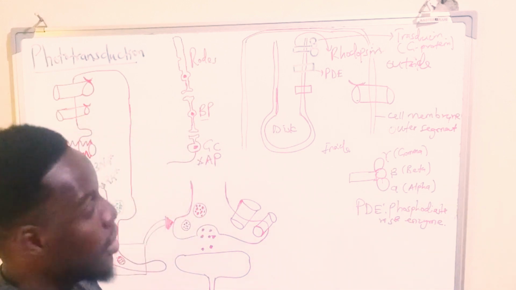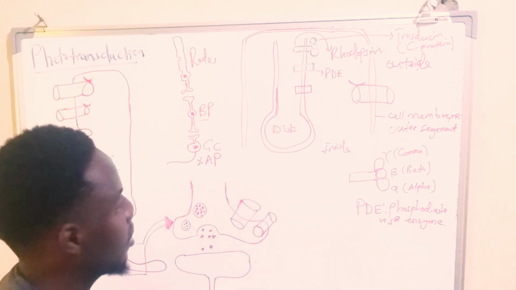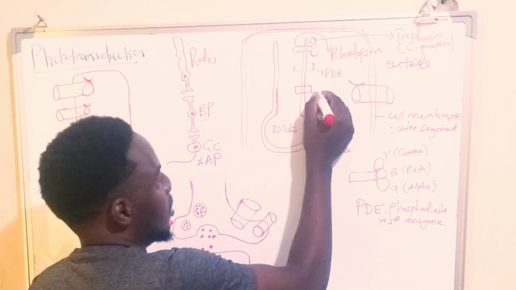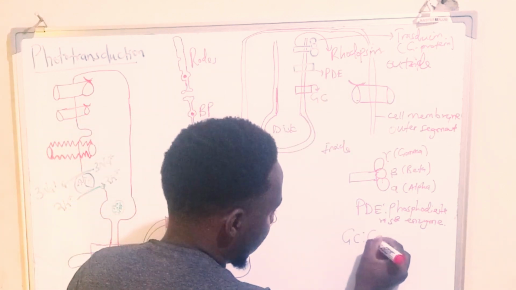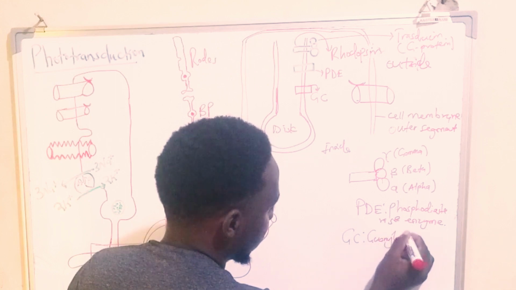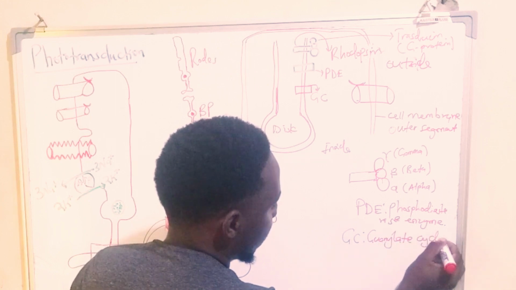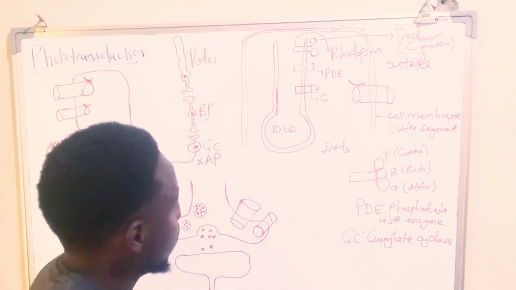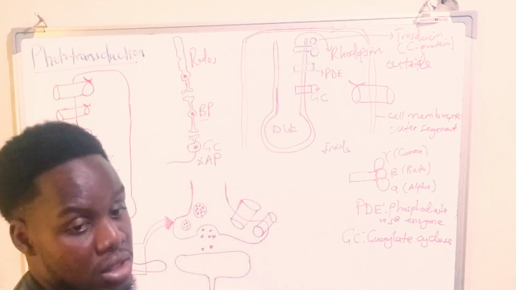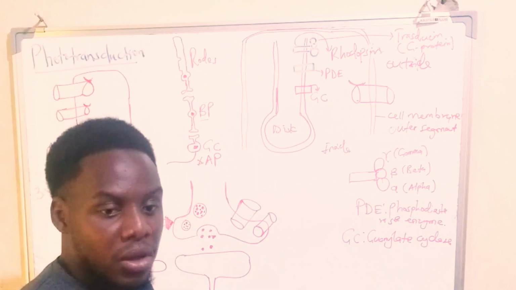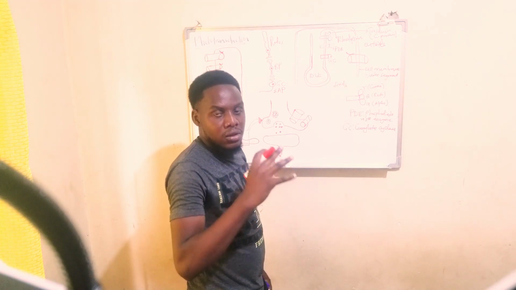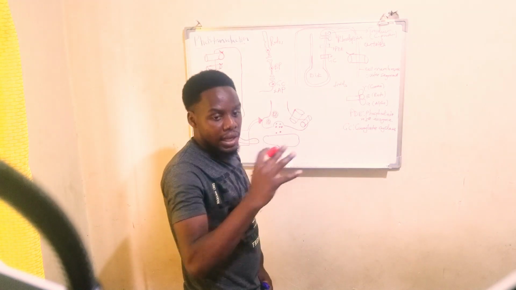Then the other membrane-bound thing is GC, guanylate cyclase. Now remember, we're talking about this during the dark when there's no light.